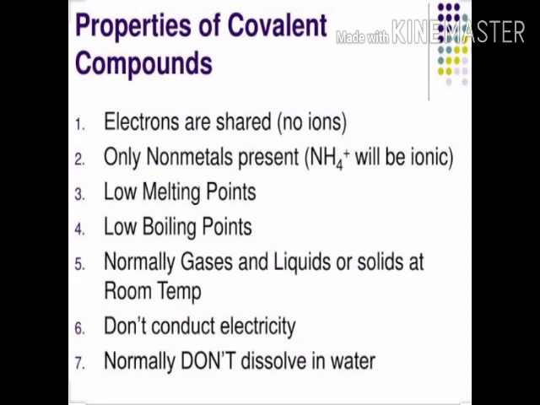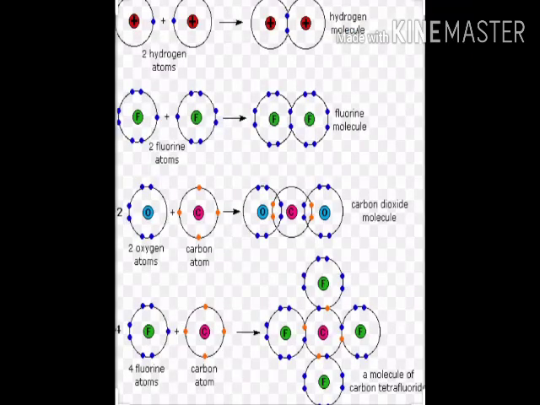It's a very important difference between covalent compounds and ionic compounds. They normally don't dissolve in water, except those compounds having polar covalent bonds, which we will be dealing with in the later half of this module.